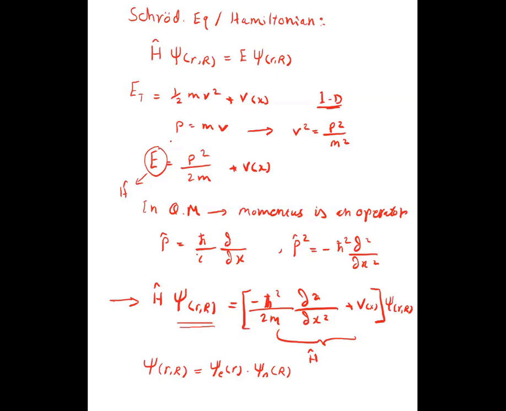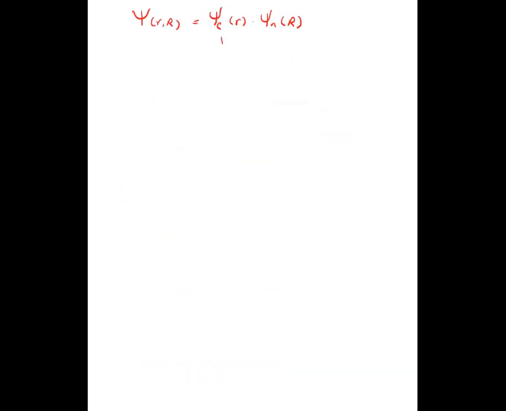So we need to separate the variables here. This is the electronic wave function, and this is the nuclear wave function.